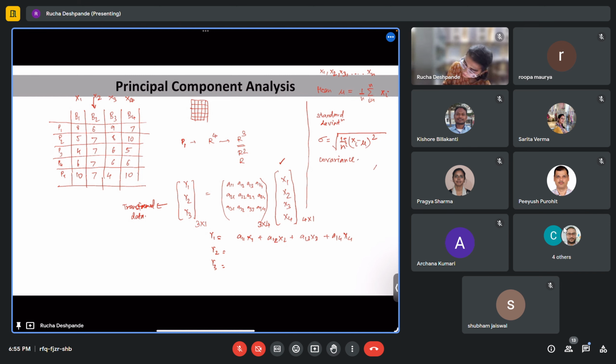So if this is the data set, then covariance of xy would be given by 1 by n. And here covariance matrix.